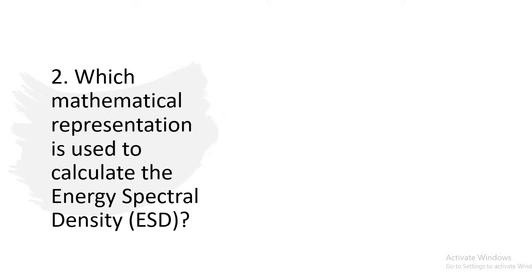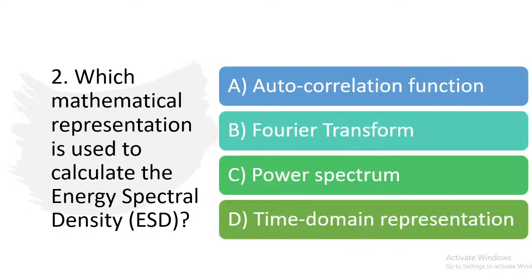Which mathematical representation is used to calculate ESD, energy spectral density? Autocorrelation function, Fourier transform, power spectrum, time domain representation. Time starts now.